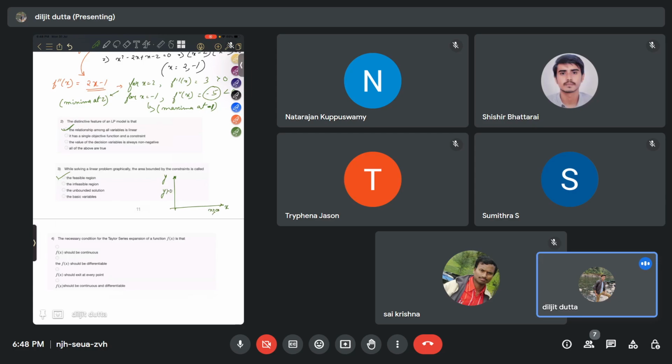Now suppose we have a function c1x plus c2y. The objective function can take different values, but it will be subject to some constraints. One of the constraints is this line, and the other constraint is this line. There are two constraints.